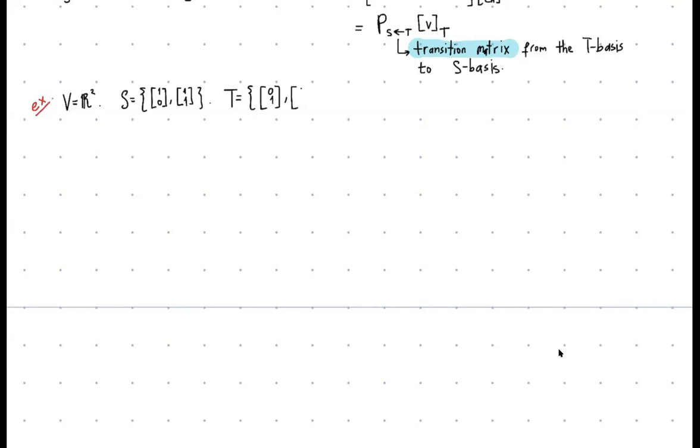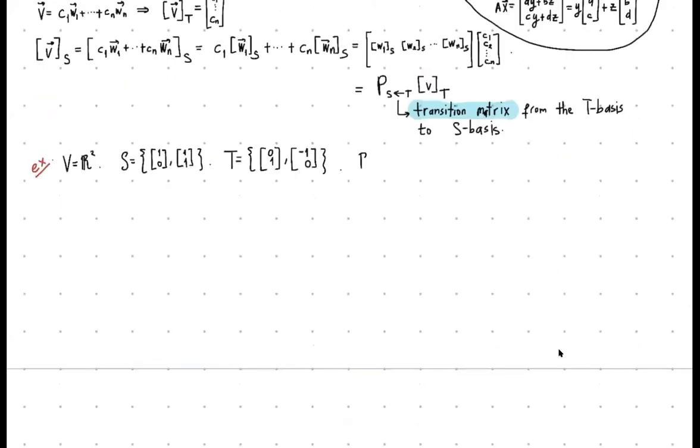So what is this? Okay, guys. Now, for this one, these are our W vectors. So this is W1 and this is W2. And this is our V vectors, V1 and V2. So what I should do is compute W1 in terms of V vectors.